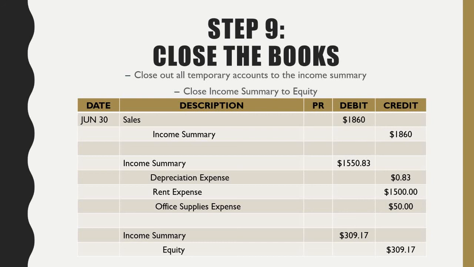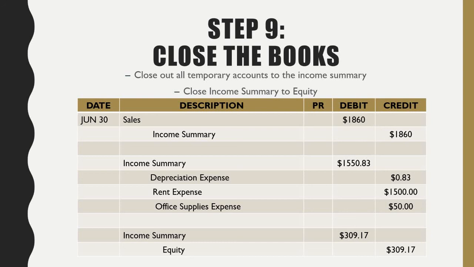Same thing goes for all of your expenses, and that includes your cost of goods sold as well. Anything that's an expense, we're going to credit all of our expenses because we're going to zero them out, and close them all out into our income summary. So here, in the very first example, I'm going to debit my sales and credit my income summary.